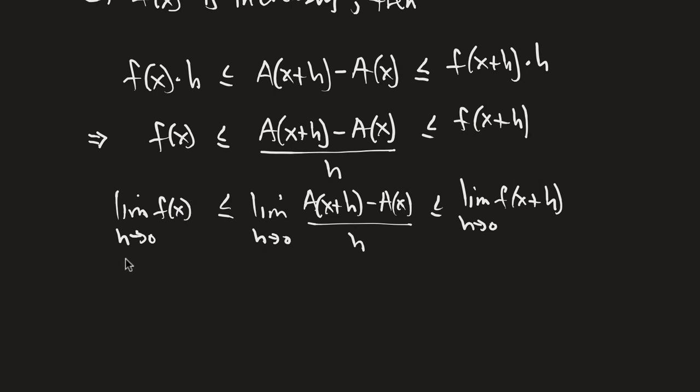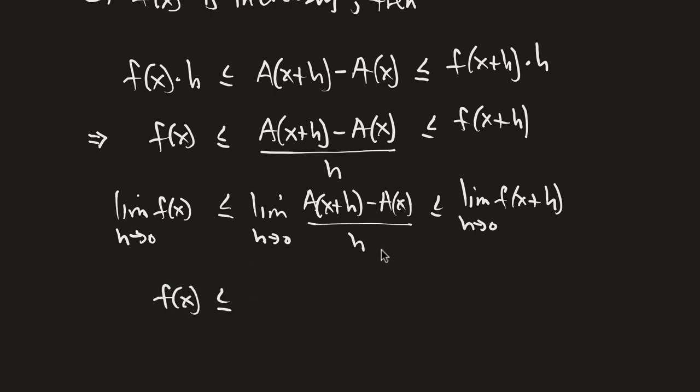So now let's see what's going to happen. Well, this limit here, as h approaches 0, there is no h in this expression. It's just f of x. So it's almost like you're taking the limit of something that is independent of h. So no matter how small h is, this isn't going to be affected. So this is f of x.